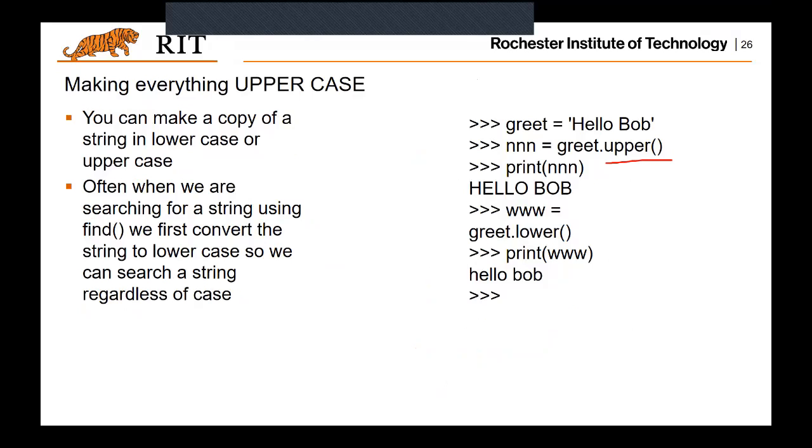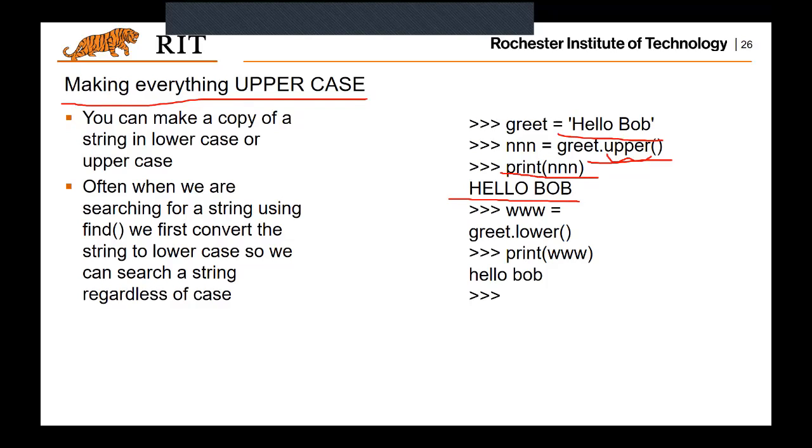Oh, also we have the upper function, right? So that is, you could make every character in a string to be the uppercase. For example, if we have this string and you apply upper to that string, and after printing it out, you have everything to be the uppercase.